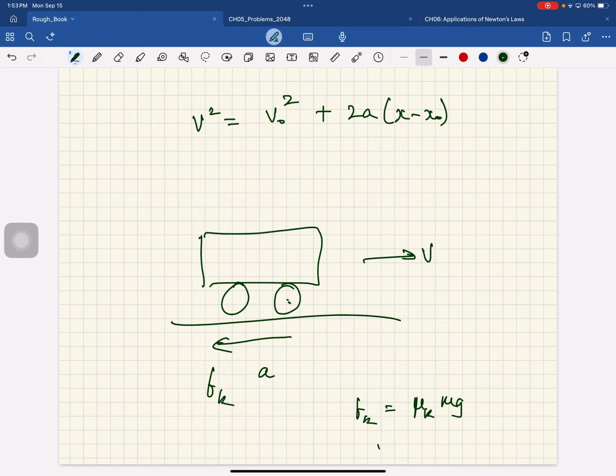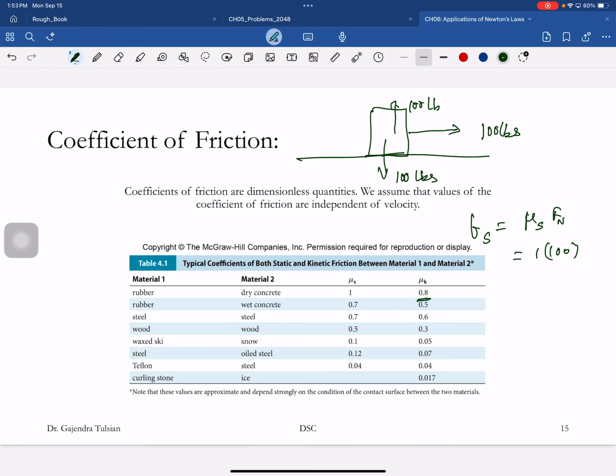So your acceleration is mu k times g. Okay, and you saw that mu k times g is 80% of g. So if your wheels are locked, then the maximum acceleration you can have is 8 meters per second squared. If you didn't lock your brakes and if you were employing static friction force, then you could have 1 times g, 10 meters per second squared.